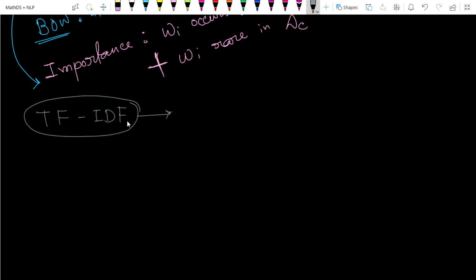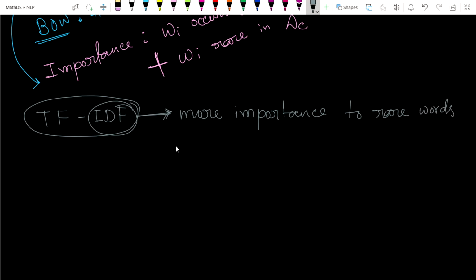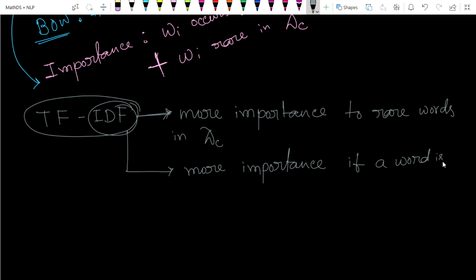IDF gives more importance to the rare words in the whole document collection, and it gives importance to a word if it is frequent in a particular document, or you can call it a particular review.